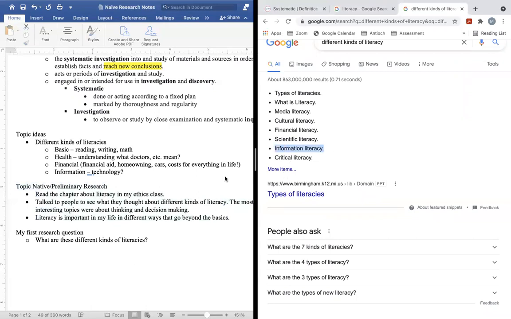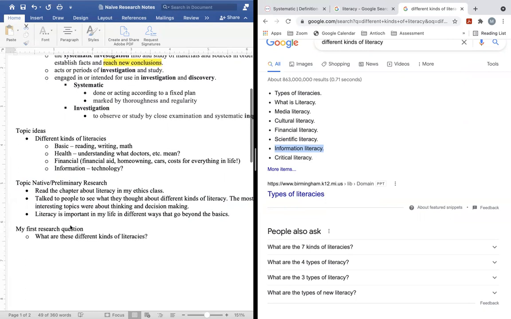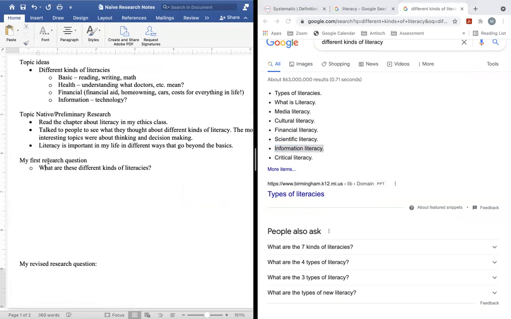And so that is an example of going from some loose topics to a potential specific topic. And then I'm going to ask some questions about it. So I know I need to find out more. So I'm going to need to know what is information literacy. My first question was, what are these different kinds of literacies?